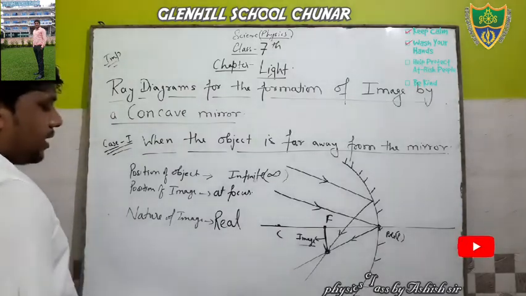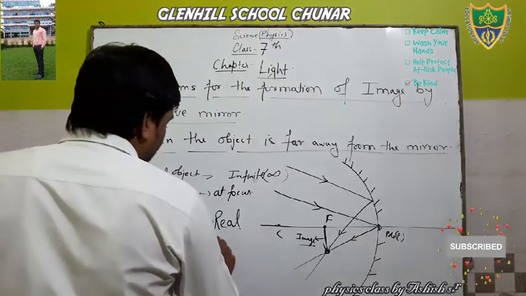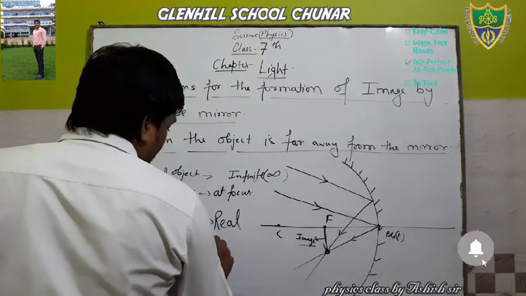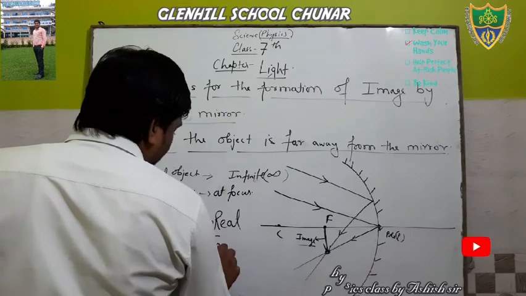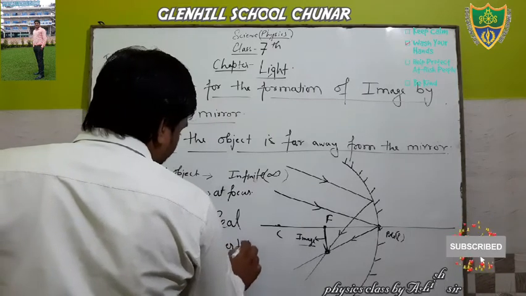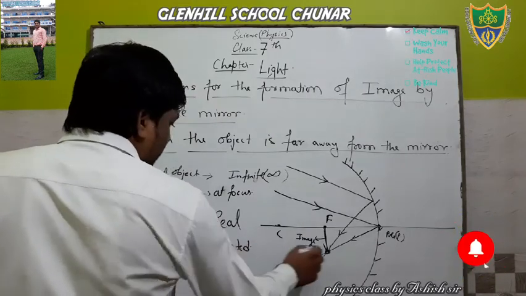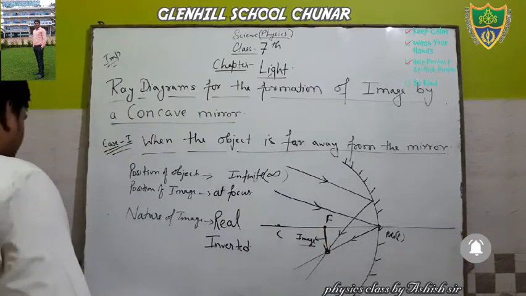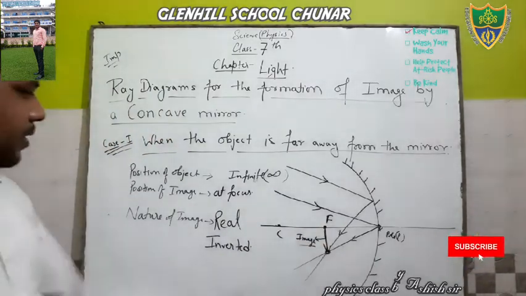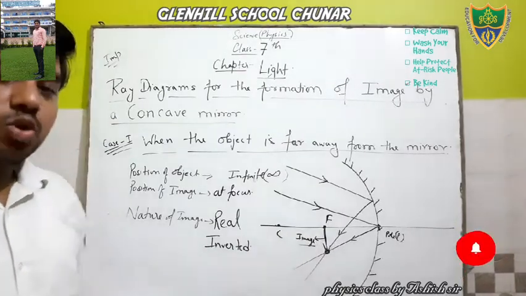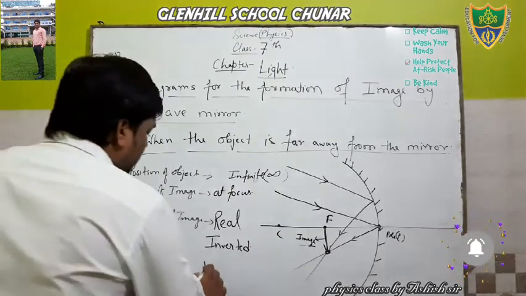Write here real. And second is inverted. And as compared to the object, the image is very small. You write here very small.